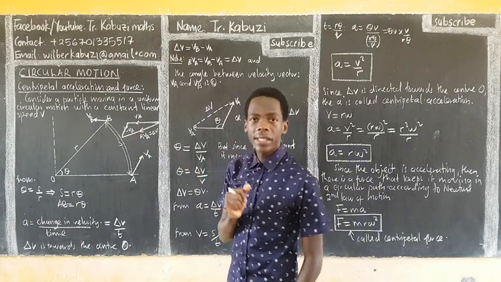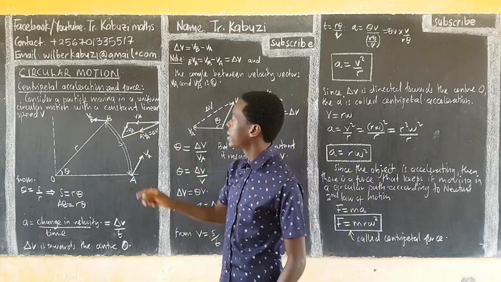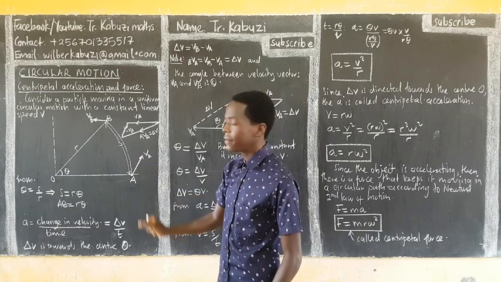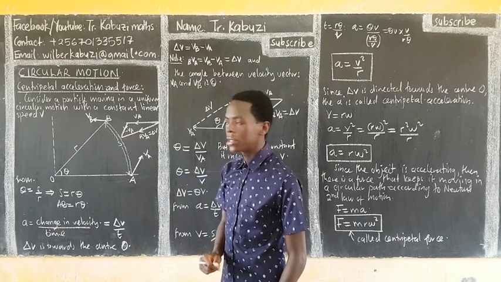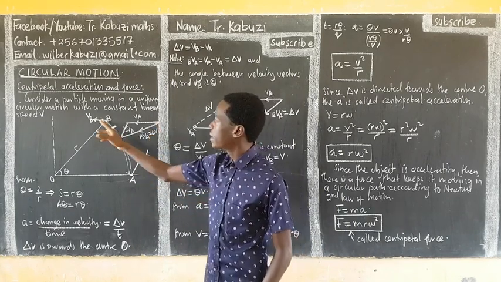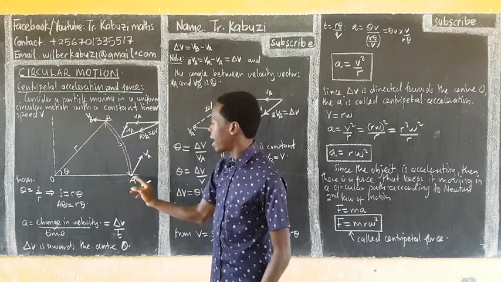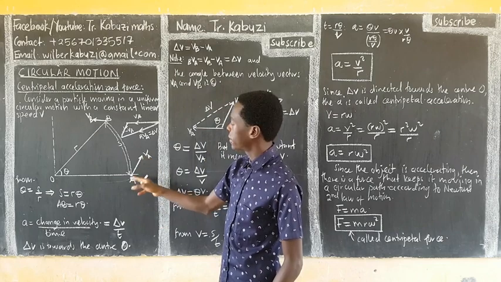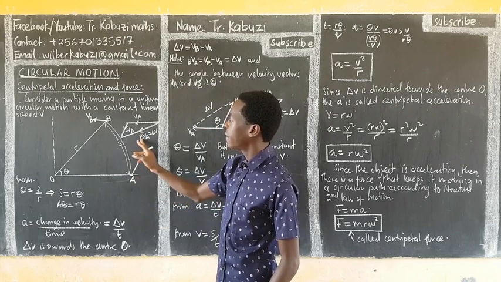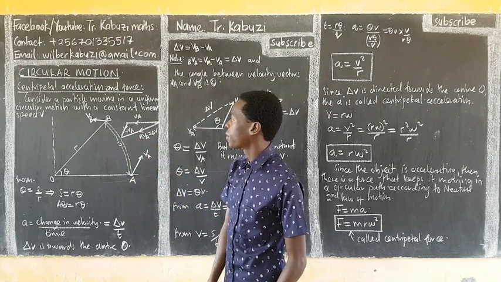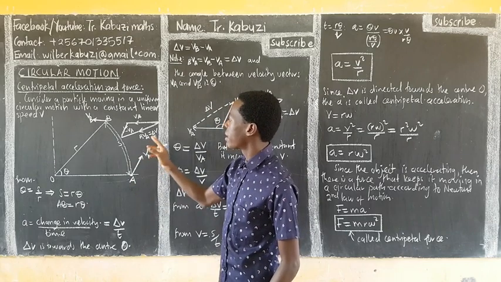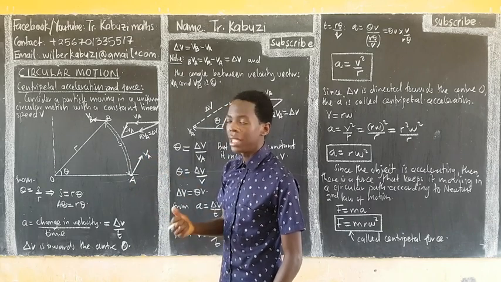Now, if I try to use the idea of relative velocity, it means that now I have to get a negative of this, and I keep this positive here. So, you see, if I maintain the direction of this velocity VB, and then I reverse the direction of this velocity at A, I'll be having the velocity of B relative to the velocity of A. And so this one is going to be equal to the change in the velocity.